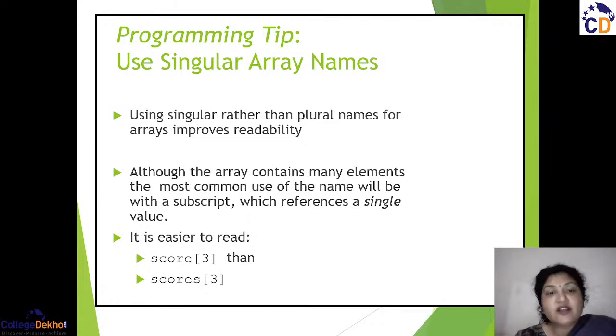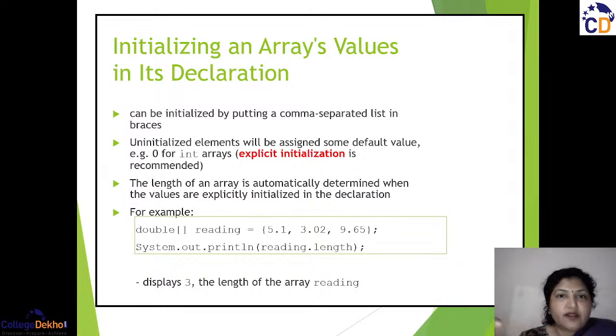Always use singular names for defining an array. It is easy to read. Score3 means an array that is holding the elements, but you are pronouncing it as scores3.